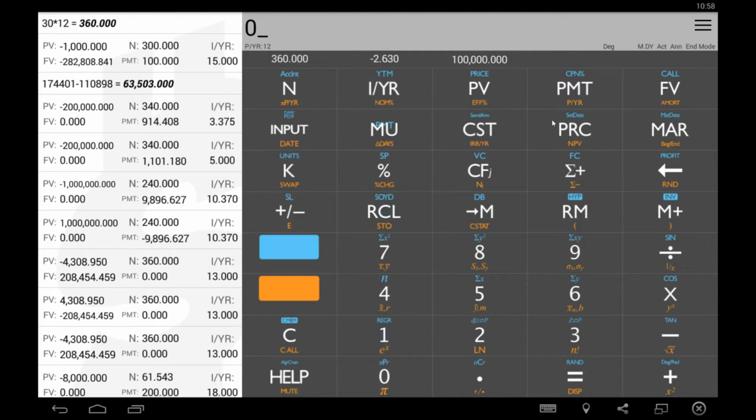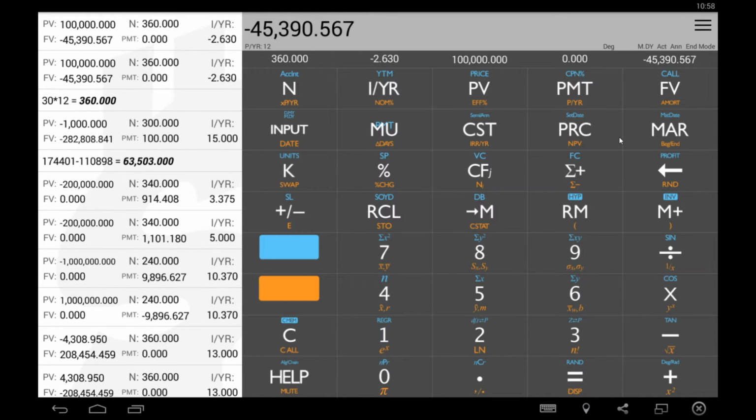We're not going to be making any additions or subtractions during these periods. We just want to see what it's going to be worth. So now we calculate for the future value, and we see that our $100,000 is now worth less than half of that, at $45,390. Goes to show, as the saying goes, if you're not making it, you're losing it.